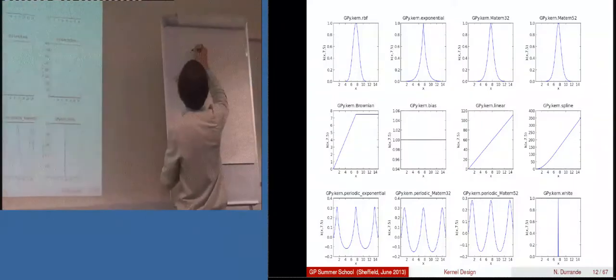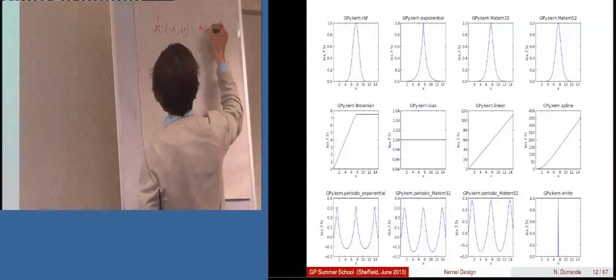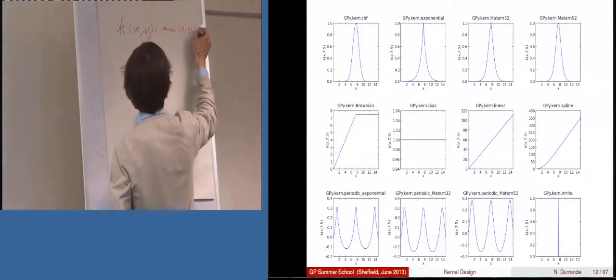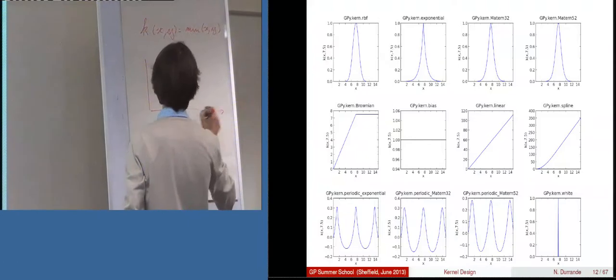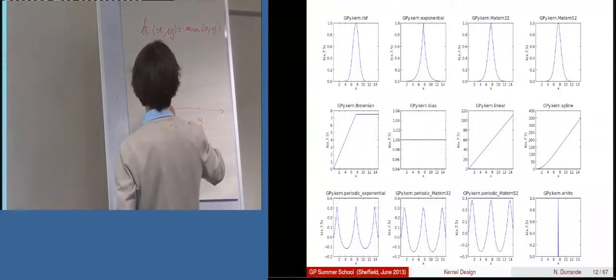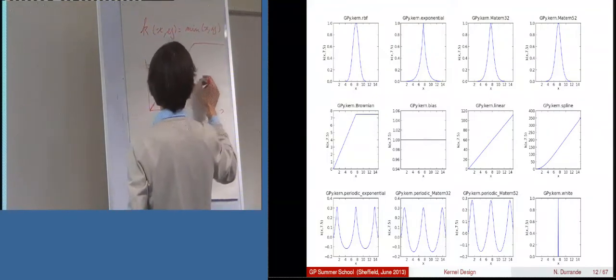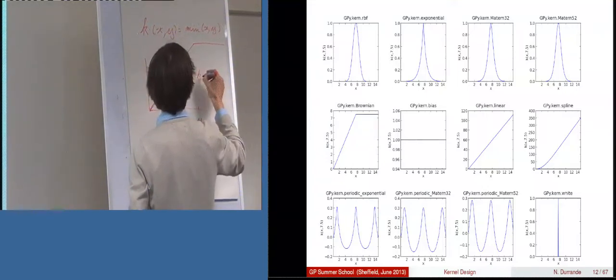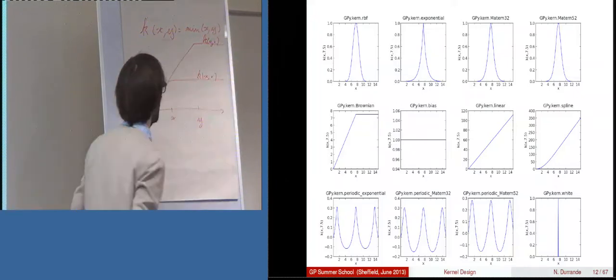the Brownian kernel, we have k equal to the minimum between x and y. So if we take two points here, I represent two functions. Here this is k of x dot, and this is k of y dot.